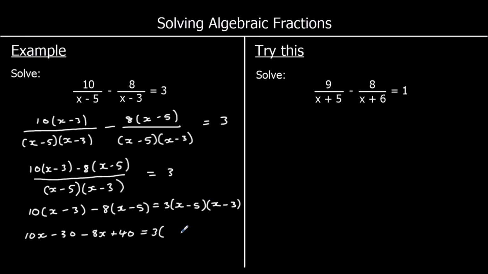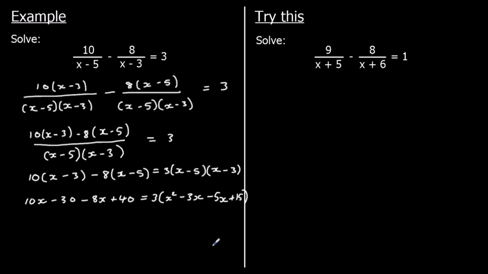X times x is x squared. X times negative 3 is negative 3x. Negative 5 times x is negative 5x. And negative 5 times negative 3 is positive 15. So let's collect like terms. 10x take away 8x is 2x.